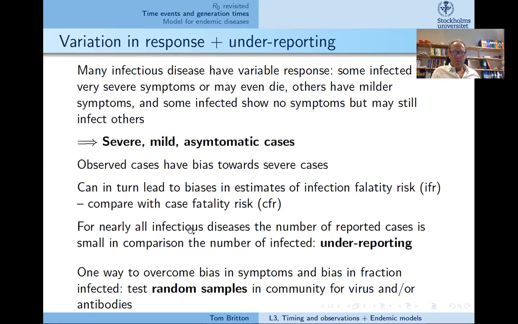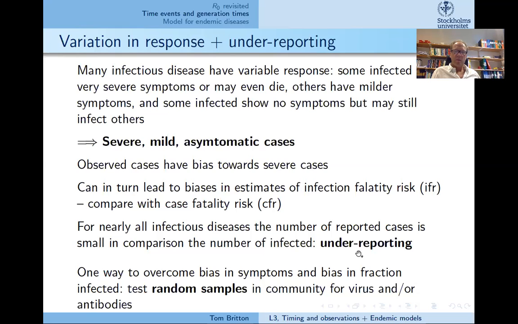And what I've already alluded to is that for nearly all infectious diseases, not only COVID-19, the number of reported cases is very small in comparison to the number of infected cases. For instance, for influenza, the number of reported cases each year corresponds to definitely less than 10%, probably about 1 or 2% of all people getting infected from influenza.